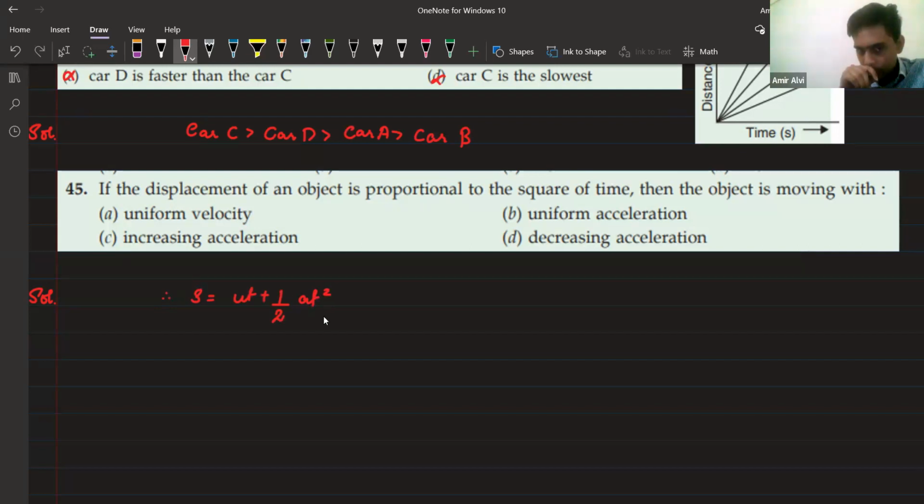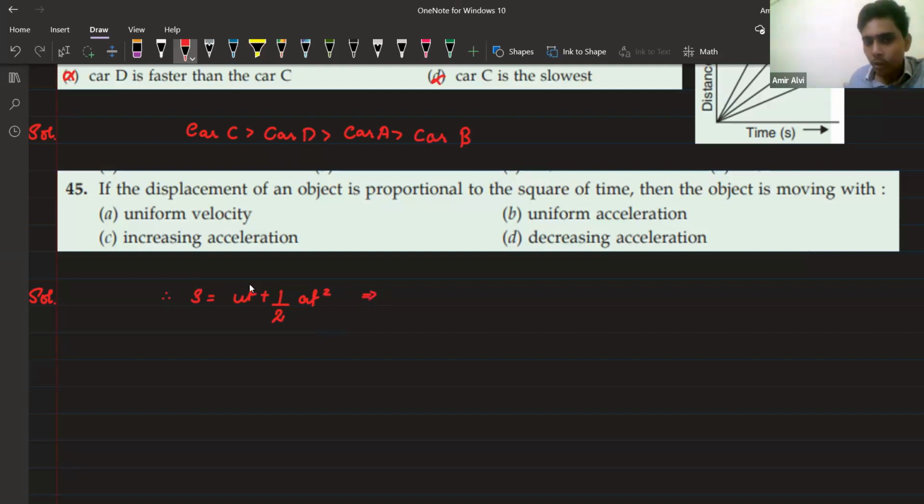Do you remember this? This equation is applicable in uniformly accelerated motion. The only condition to apply this equation is that the acceleration should be uniform, right?